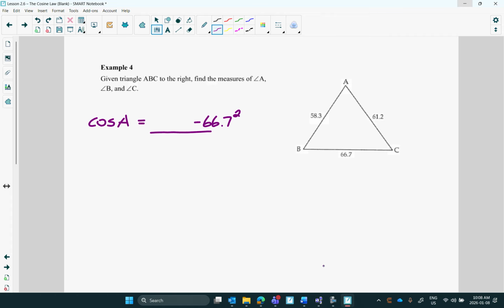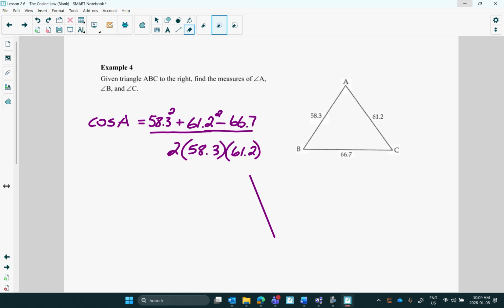Which means the other 2 sides must go here. 58.3 squared plus 61.2 squared minus 66.7 squared divided by 2 times 58.3 times 61.2.